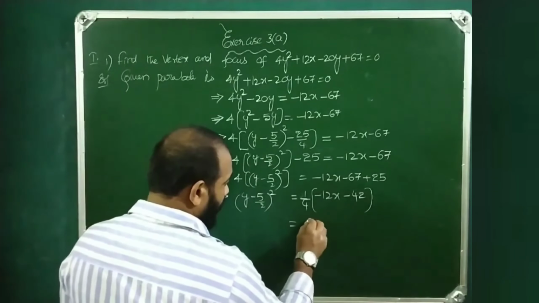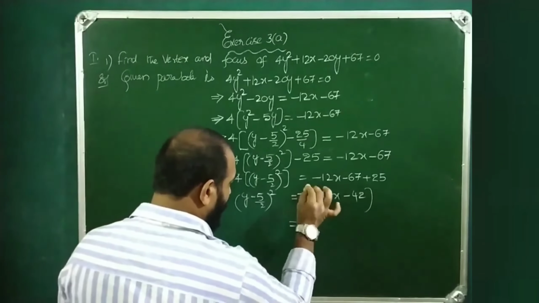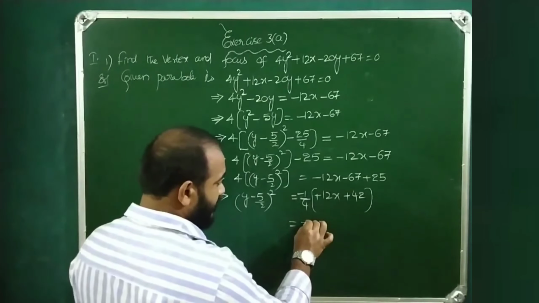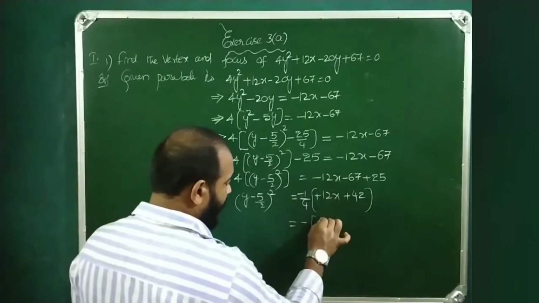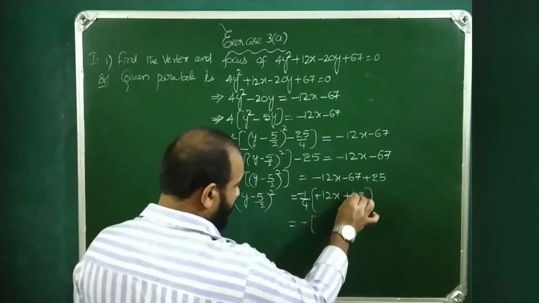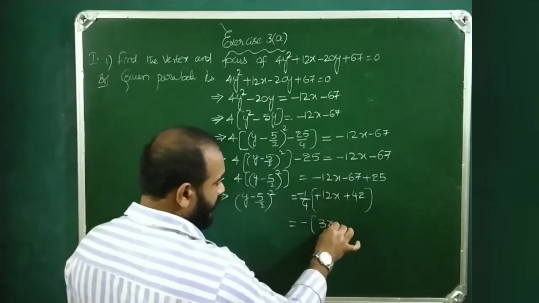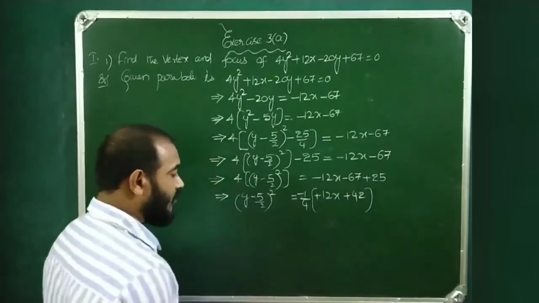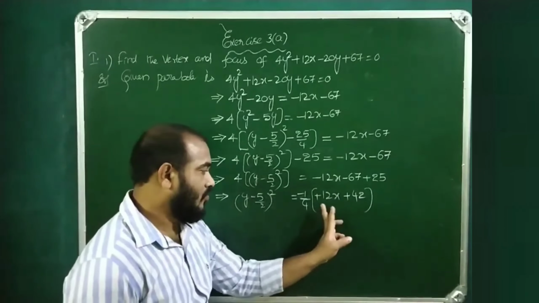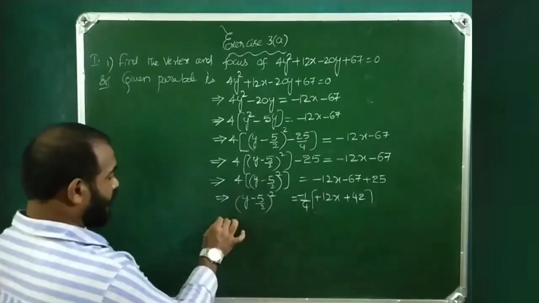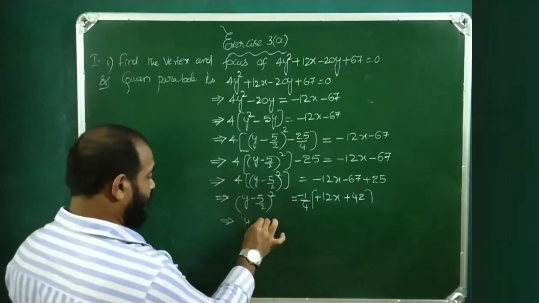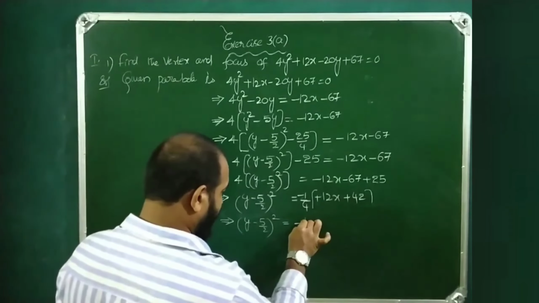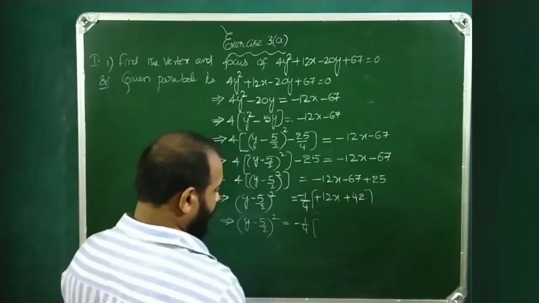If I keep the minus outside, then this is what I'm getting: minus 12x plus 42, so y minus 5 by 2 whole square equals minus 1 by 4 into 12.